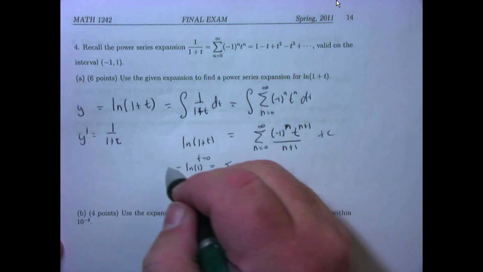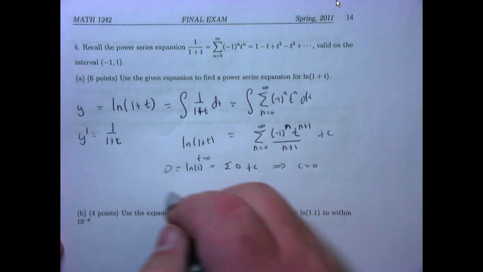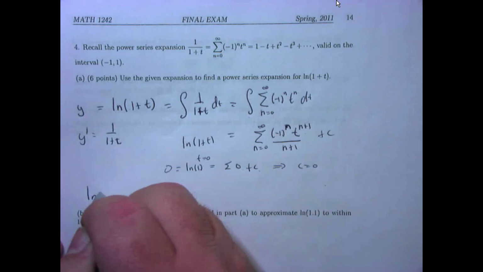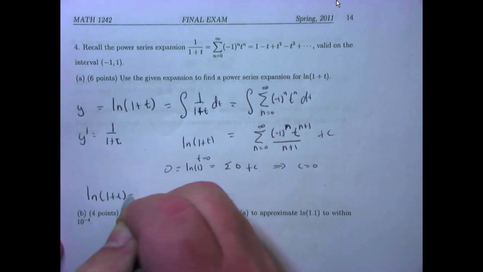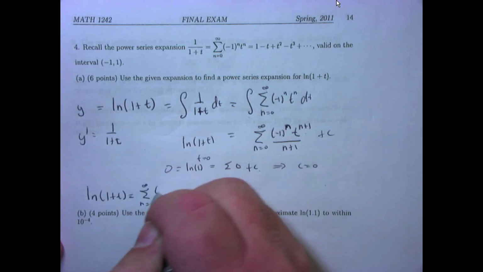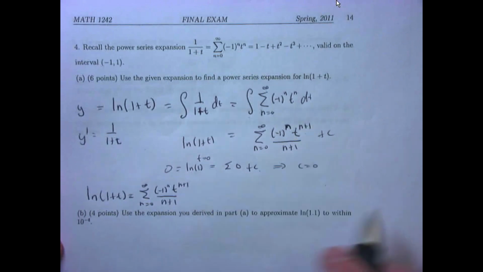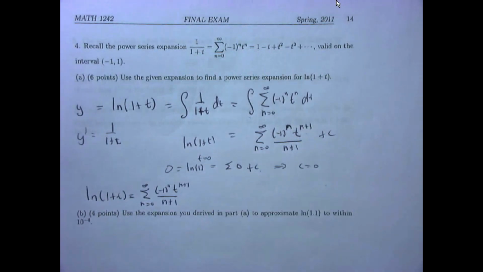What's the natural log of 1? 0, which tells me c equals 0. You did need to tell them that. Which tells me my power series for this guy, the natural log of 1 plus t, is equal to the sum as n goes from 0 to infinity of negative 1 to the n, t to the n plus 1 over n plus 1.